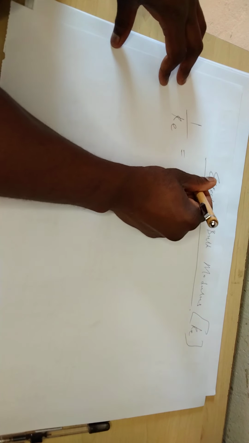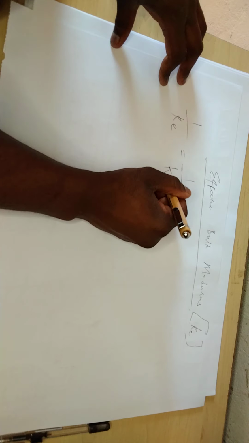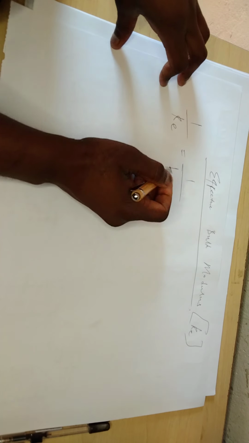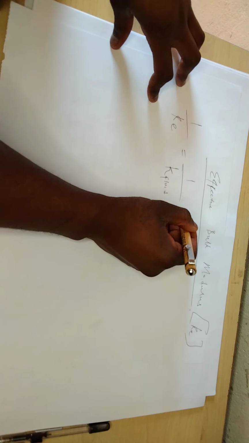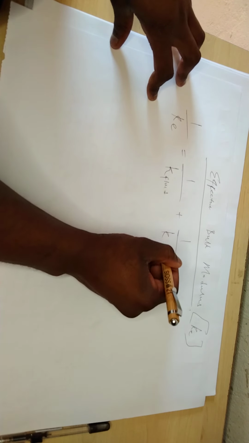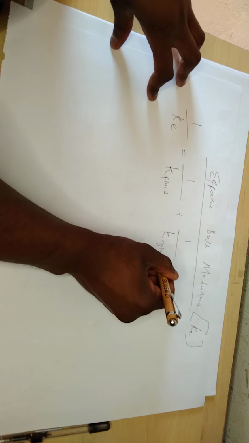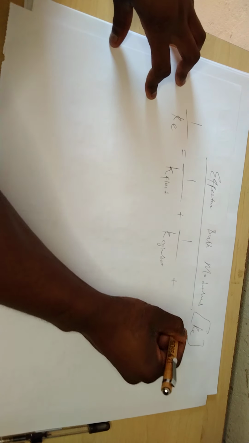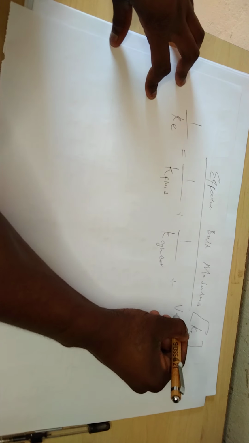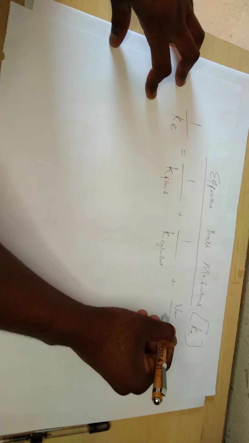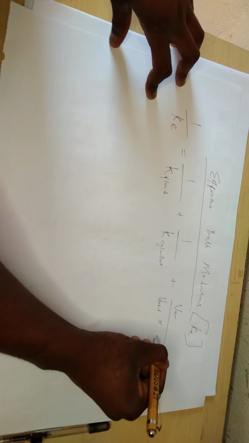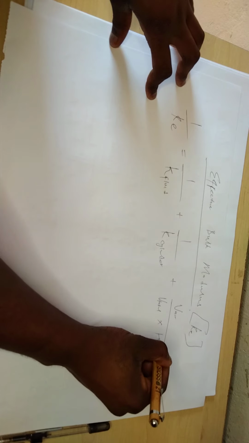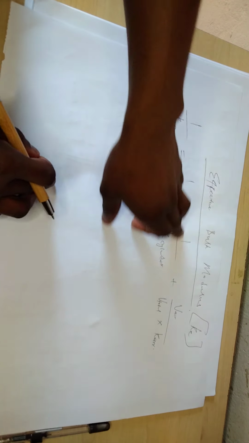It's 1 over KE equals 1 over K fluid, sometimes they like to write liquid, I'll write fluid, plus 1 over K cylinder plus volume air over volume total multiplied by K air. All right, let's come to our formula.